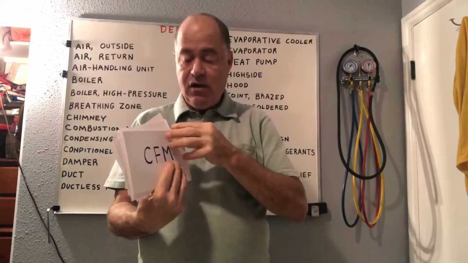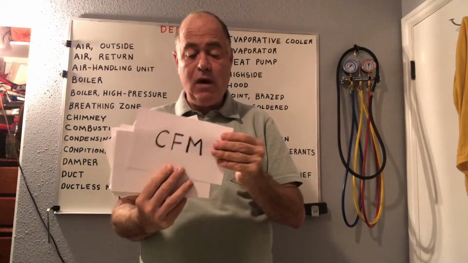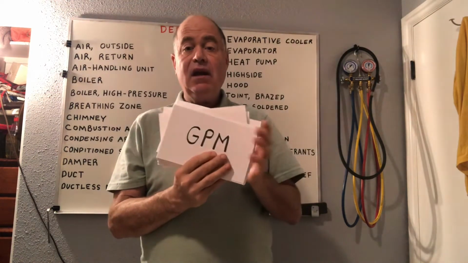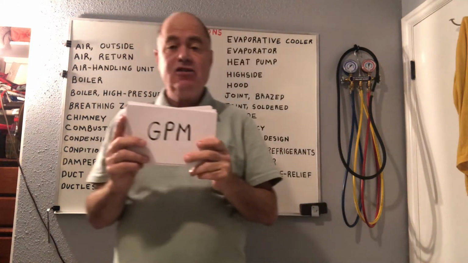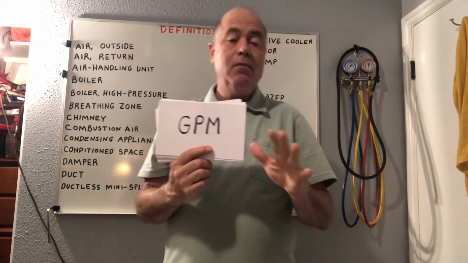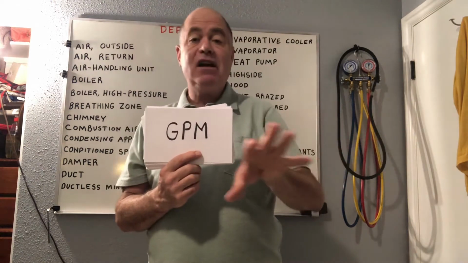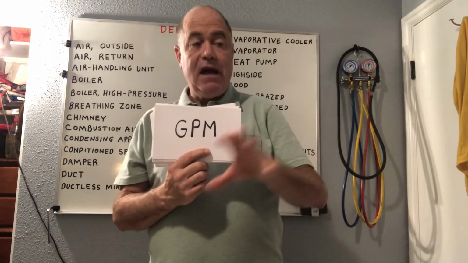Okay? The other was the speed, this is the quantity. And this is gallons per minute, GPM. This is how we measure how much, let's say, water flow we have flowing through piping with pumps and things of this nature, gallons per minute, GPM.